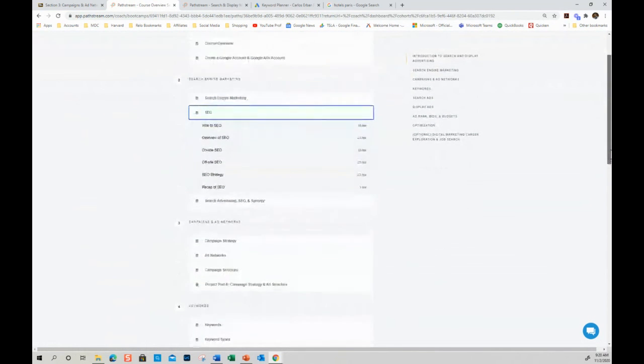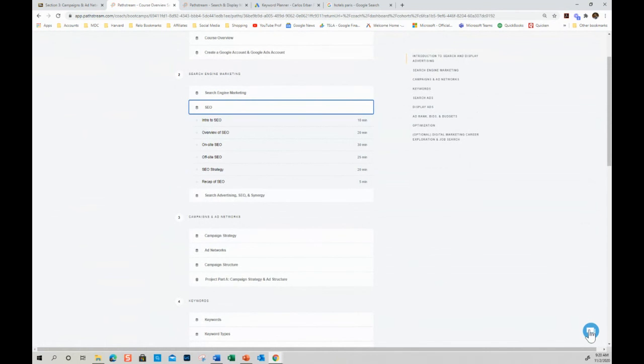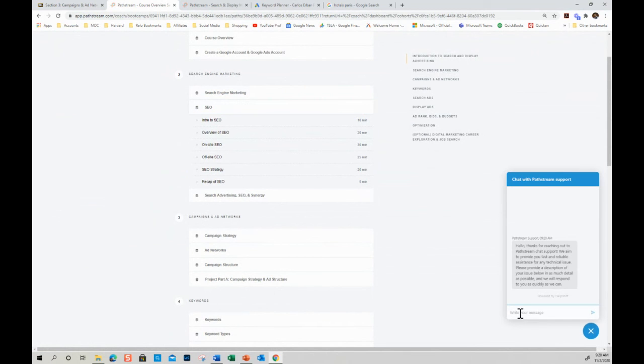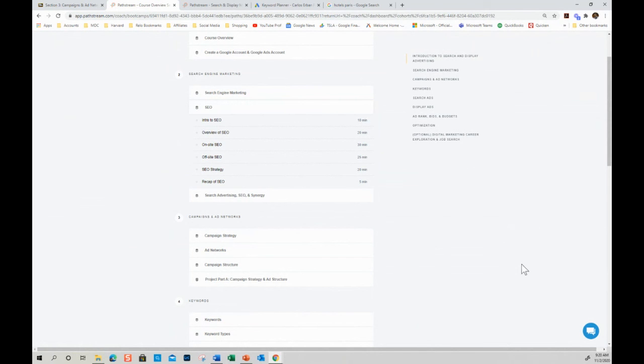If it's not opening, just click over here in the chat and write, I'm having trouble getting to assignment 1, or it's not loading. And you're going to get somebody to help you right away. I know the 2 people who help in technical support, and they're excellent because they've helped me set up the course.